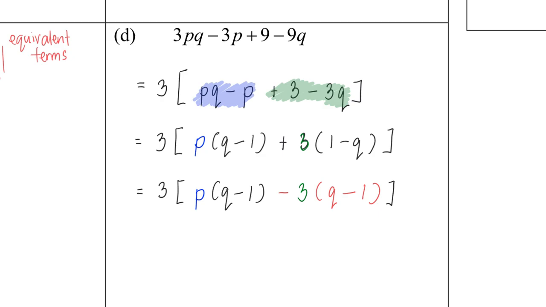Again, for this part of the video, this is the 3rd time or even the 4th time you are seeing this. The positive 1 minus Q and negative Q minus 1. What are they called? Yes, they are called equivalent terms, which I'm going to just write it down here as well.